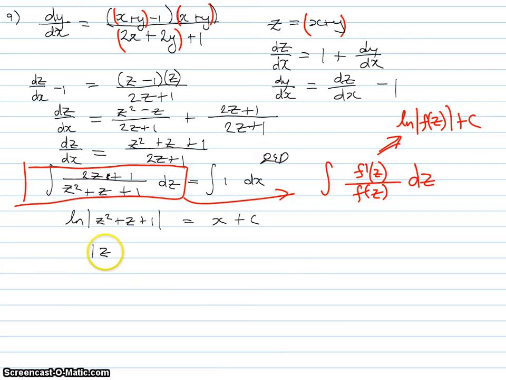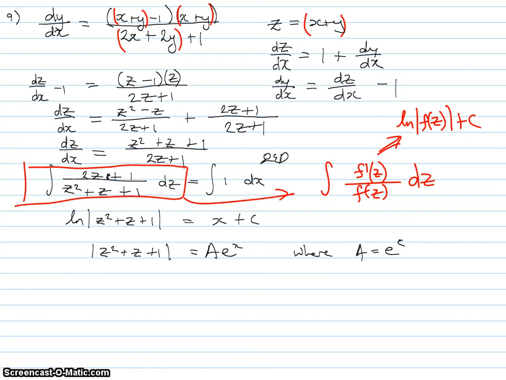This means that z squared plus z plus 1 is equal to e to the x plus c, but e to the x plus c is the same thing as e to the x times e to the c. And e to the c is just a constant, so I can call this a, where a equals e to the power of c.